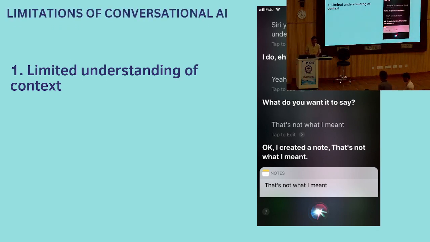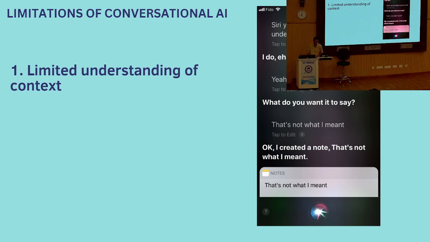Okay, so now that we have learned about the basics of NLP, we know how transformers work, we also know about ChatGPT. So let's talk about some limitations of conversational AI. Can anyone tell me some limitations of ChatGPT or any conversational AI? Anyone? No?